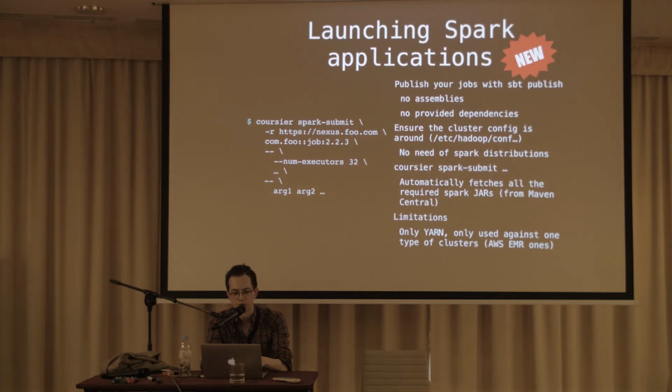That is, when you get a standard Spark distribution, the Spark Submit script in it launches a Java application whose jars are actually on repositories, and coursier is able to get those on its own.